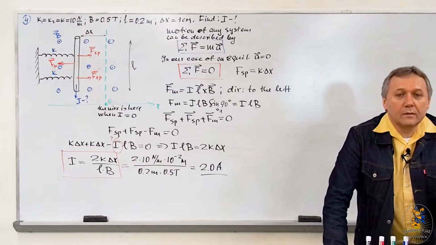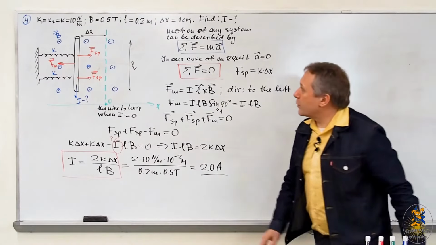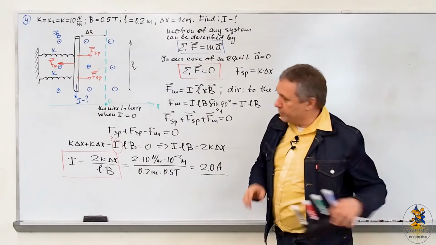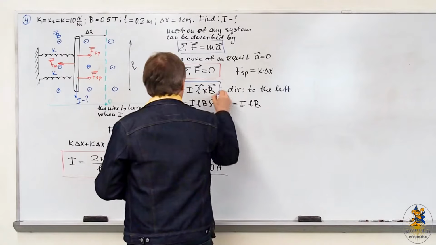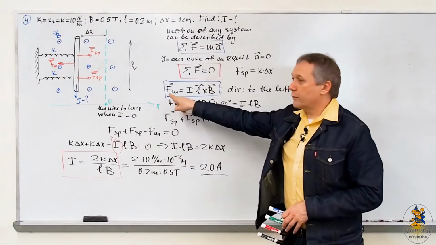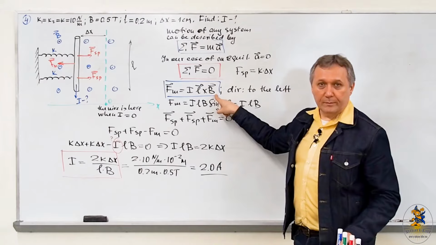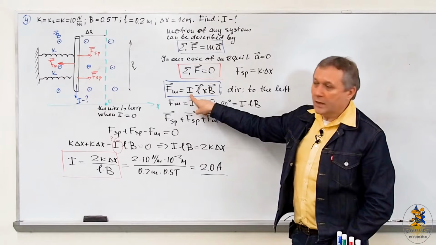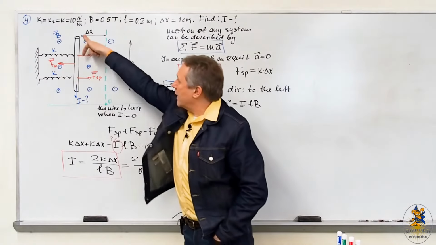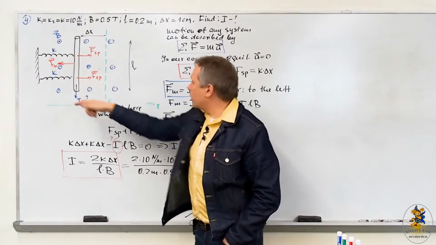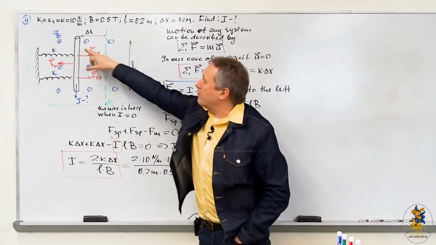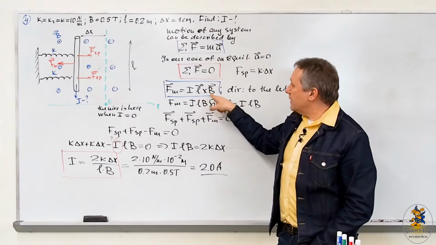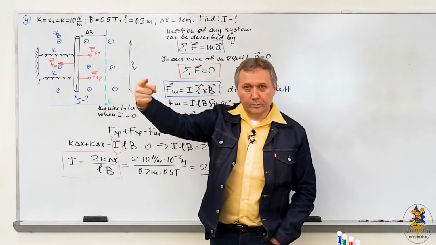Can you explain why the FM's going that way again? Which force? The FM? Yeah. Okay, so, let me frame this. Direction of FM is in the cross product L cross B. Direction of L is determined by the direction of the current. Current is down, we know, so vector L is down. Of course, absolute value of L is this part of the wire exposed to the magnetic field, another thing, right? So direction is down. B is dot towards you.